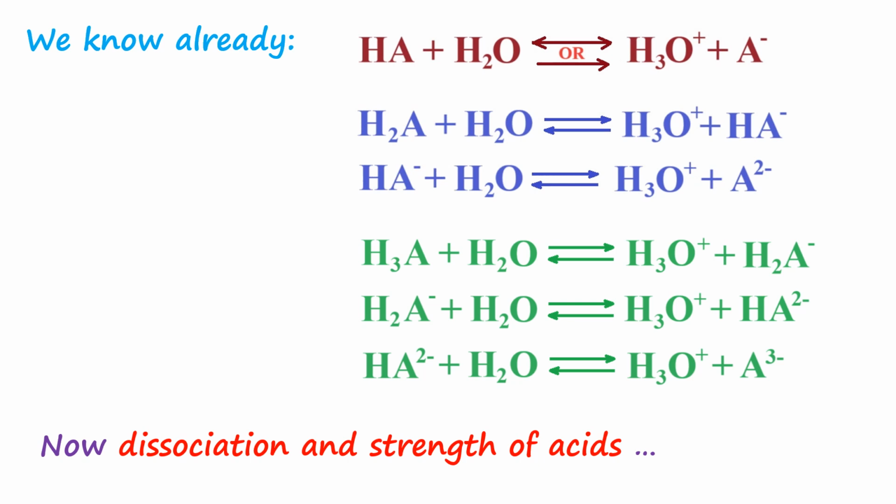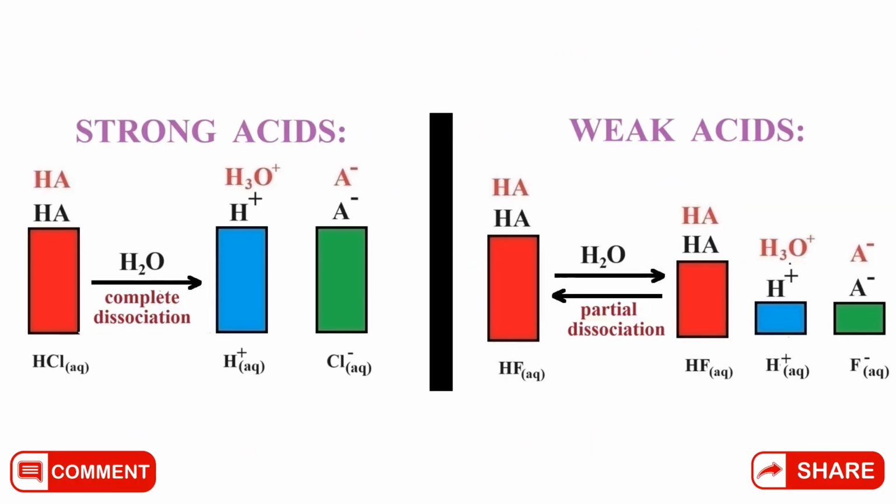Now, another very important topic: dissociation and acid strength. It is the dissociation process that determines whether an acid is considered strong or weak. It is generally accepted that strong acids are completely or almost completely dissociated. However, acids that have a low degree of dissociation are called weak acids.